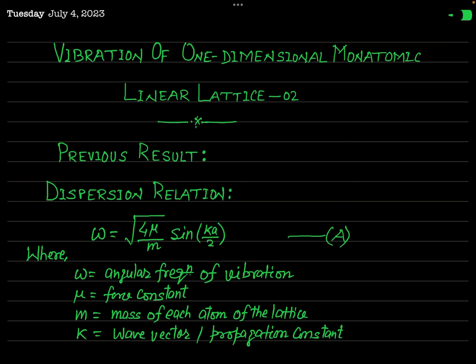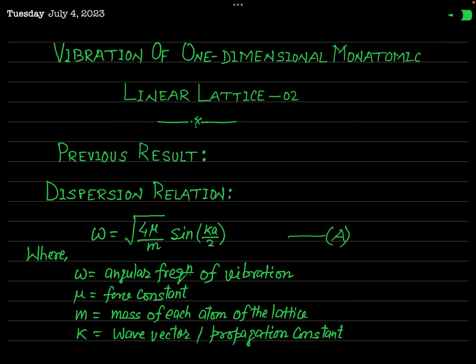So today our aim is to discuss the result which we have obtained in the first part of this lecture. Here I have mentioned the final result, which is actually called the dispersion relation in case of the vibration of one-dimensional monatomic linear lattice.